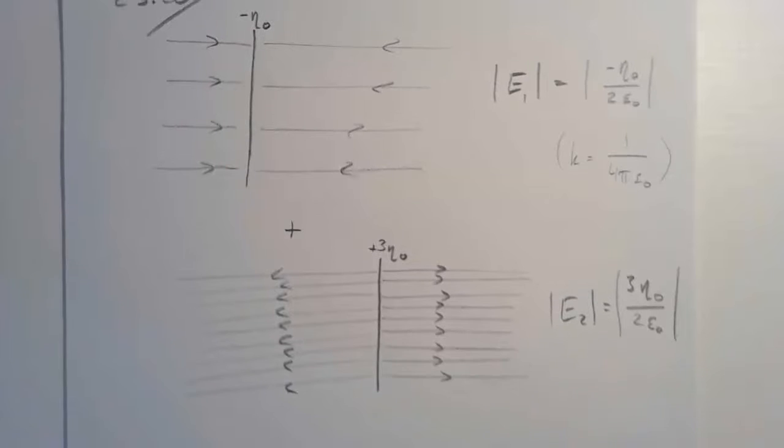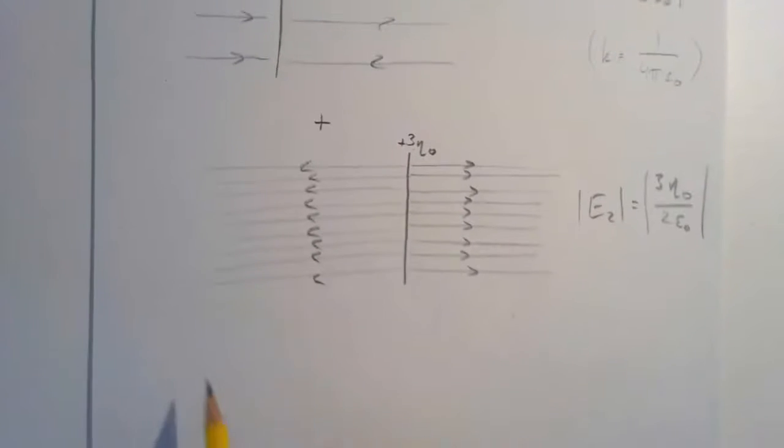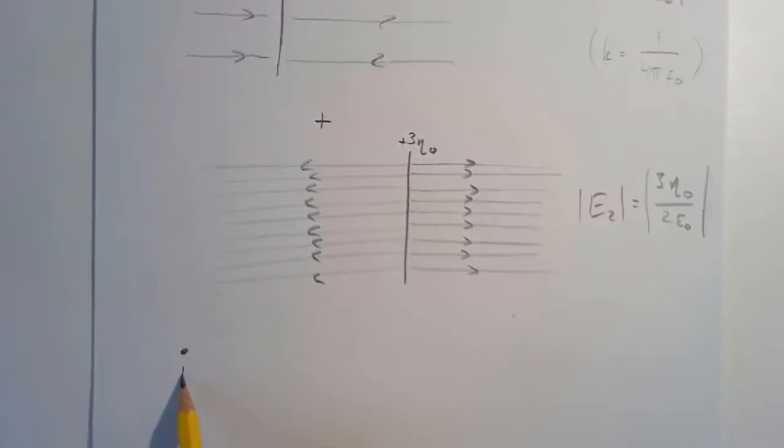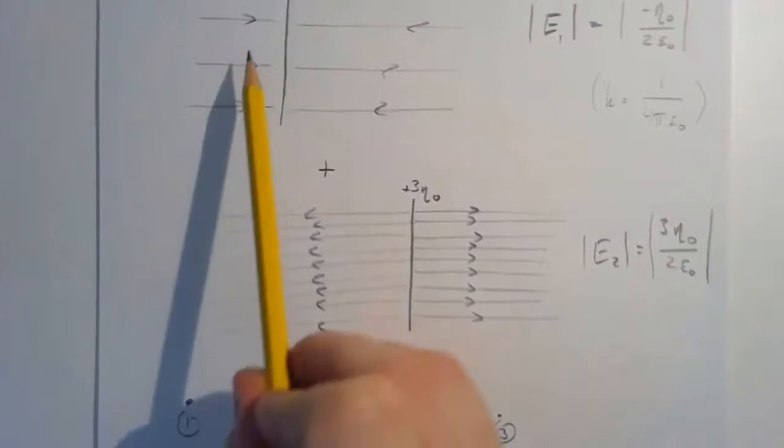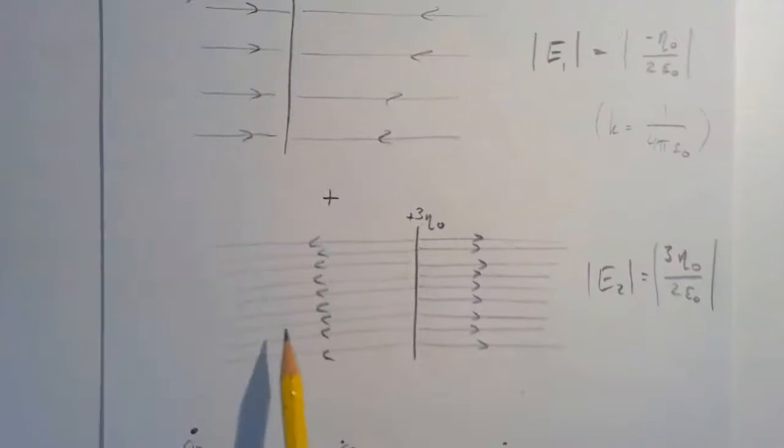So now I want to know what happens if I'm on the very left, point 1, in the middle, point 2, or out here, point 3. Let's look at point 1. Point 1 is here, point 2 is here, point 3 is here. At point 1, the field from the negative sheet points to the right, the field from the positive sheet points to the left.